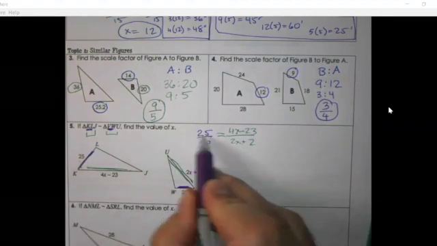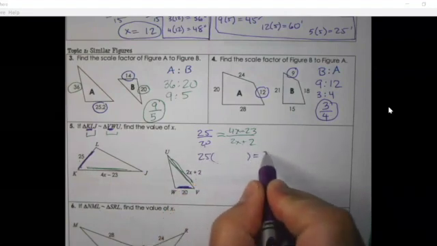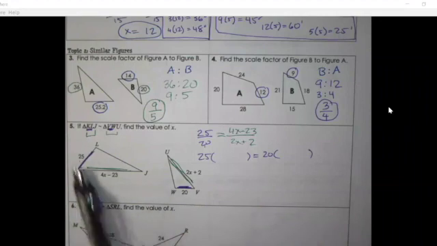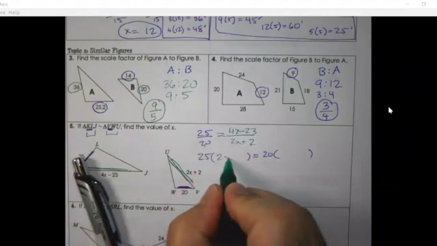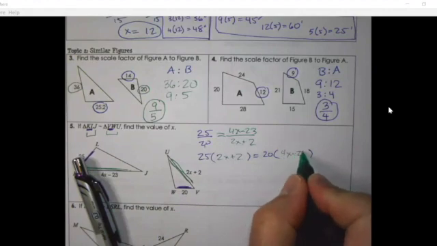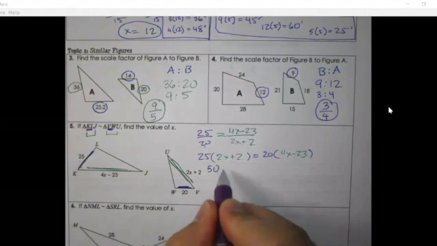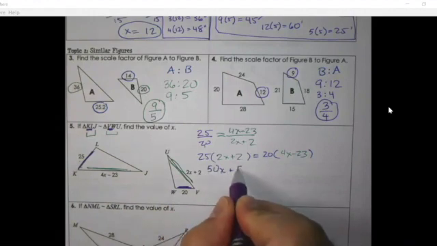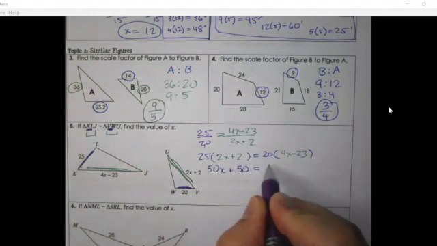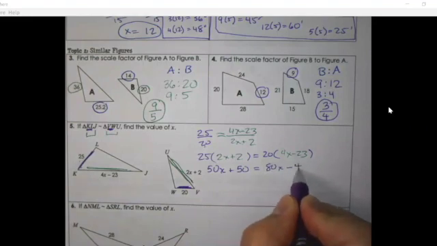Now I can do my cross multiplication. Say 25 times 2x plus 2 is equal to 20 times 4x minus 23. I can distribute and get 50x plus 50 equals 80x minus 460.